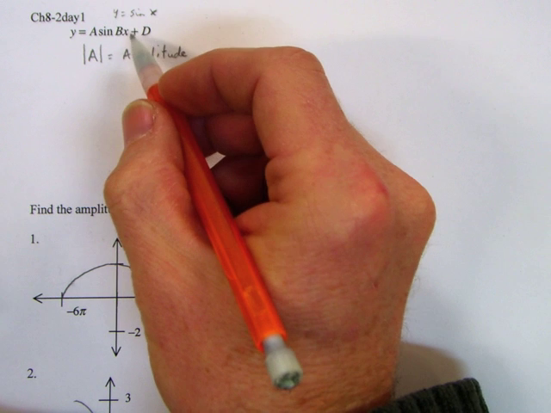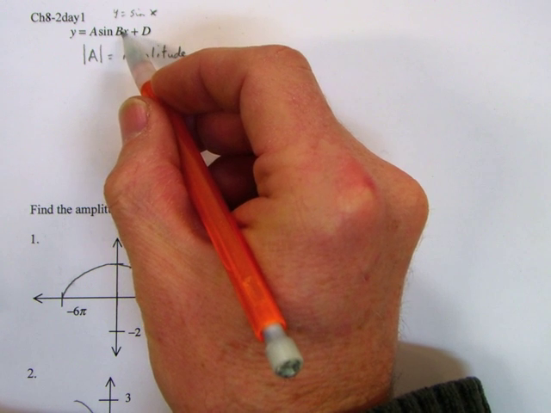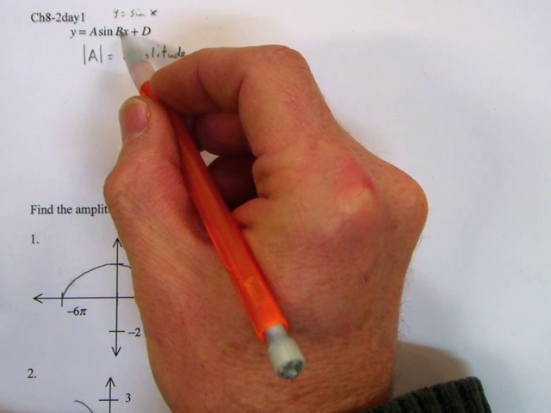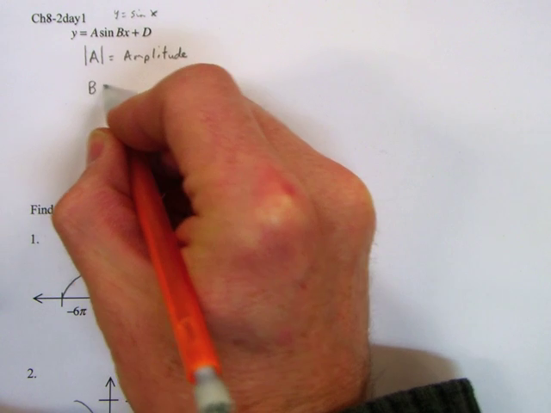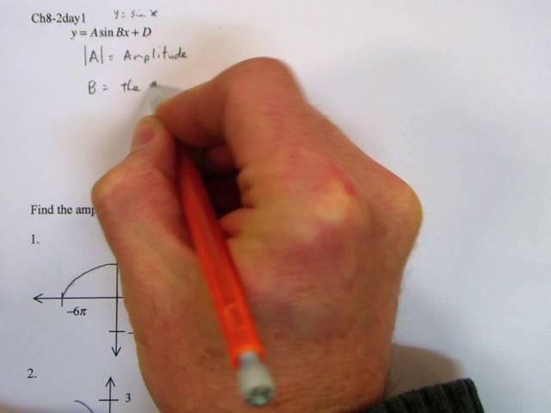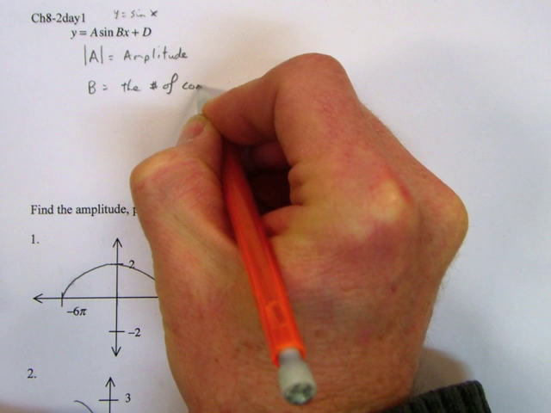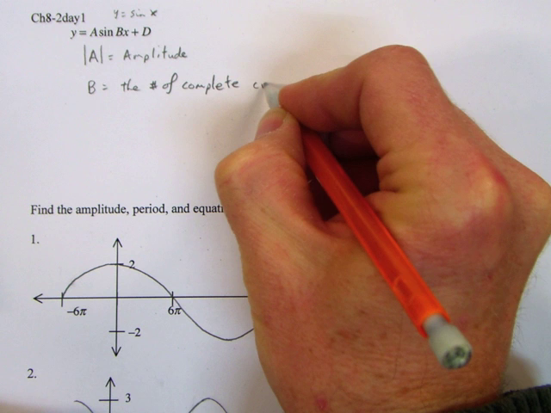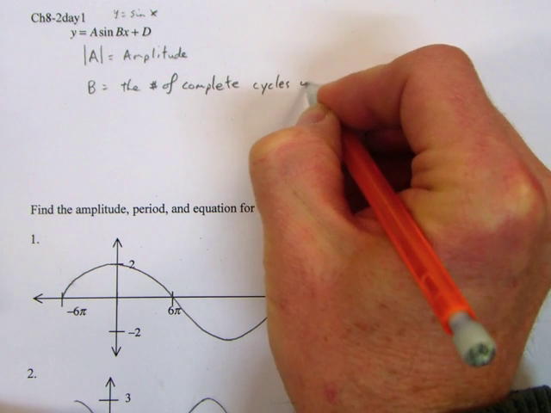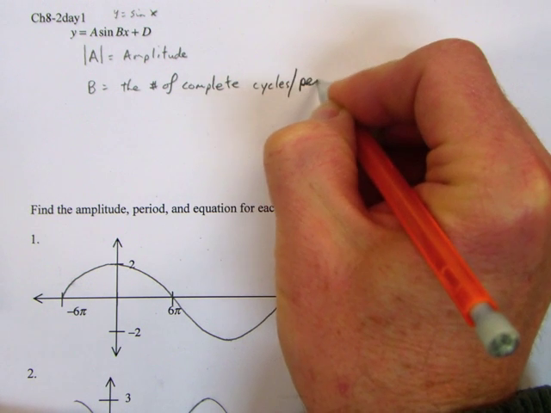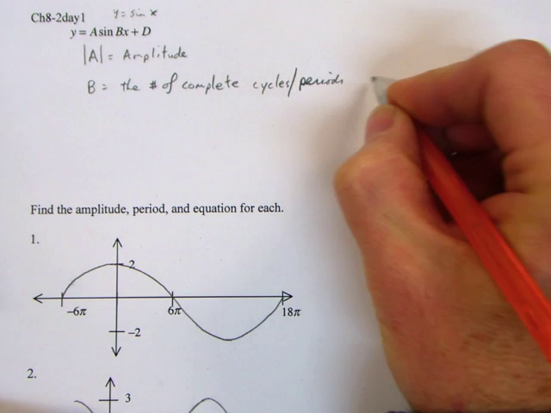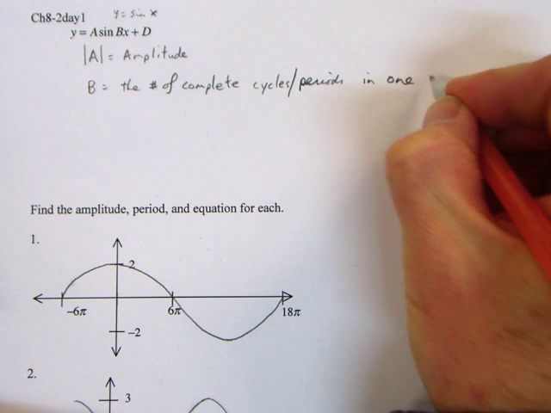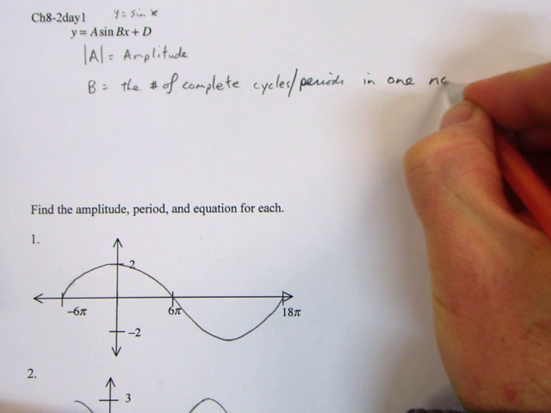What does the b do? The b is going to be the number of complete cycles, or periods, in one normal period.